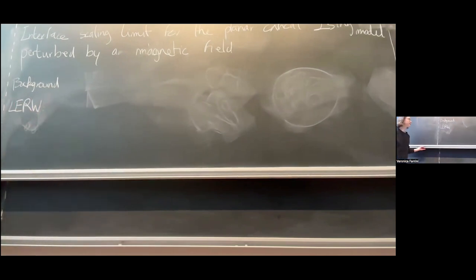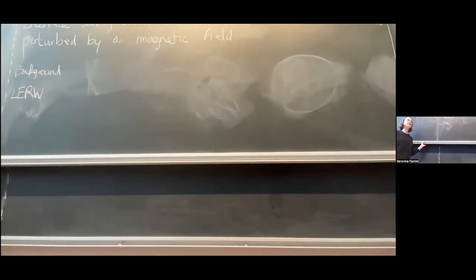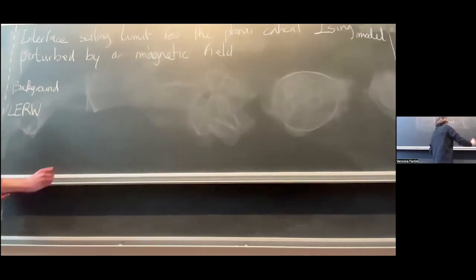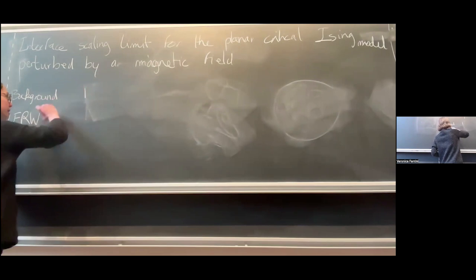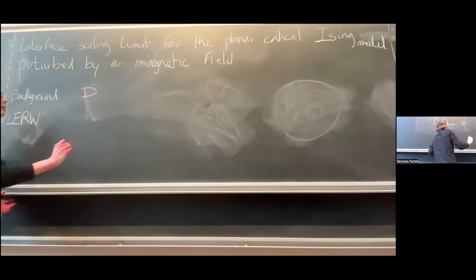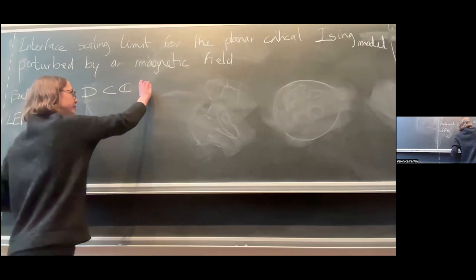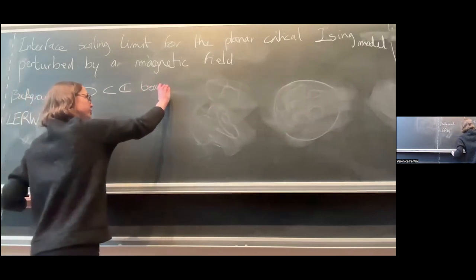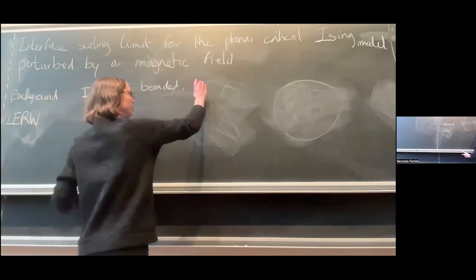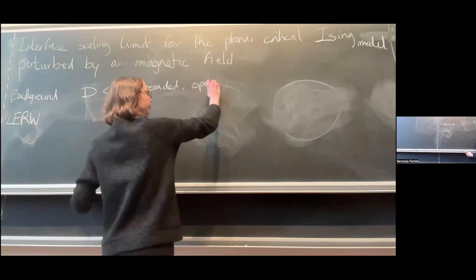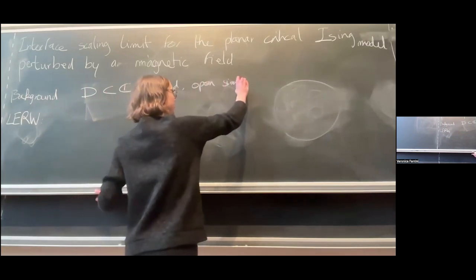So one famous example is that of loop-erased random walk. Let me define this model. In this talk, I will always work with a domain D of the complex plane, which is bounded, open, simply connected.